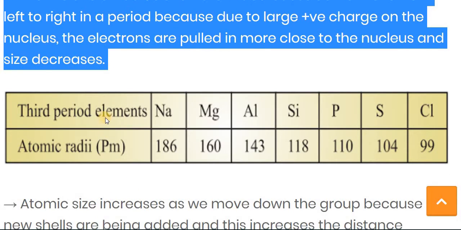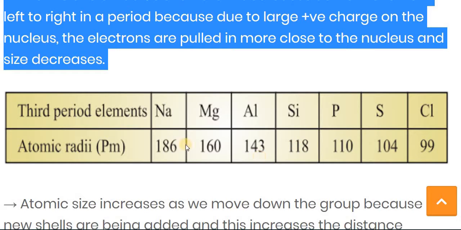Here you can see in the third period of elements the atomic radius. As they move from left to right, the atomic size of the element decreases, because here no shells are increased, only the electrons increase. In sodium the outermost orbit has 1 electron, magnesium 2, aluminium 3, silicon 4, and then it reduces.